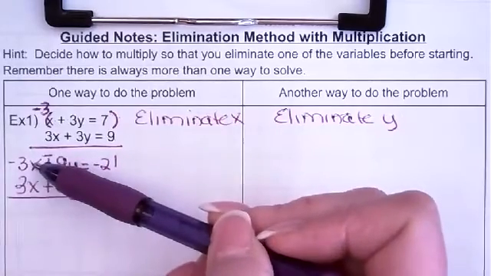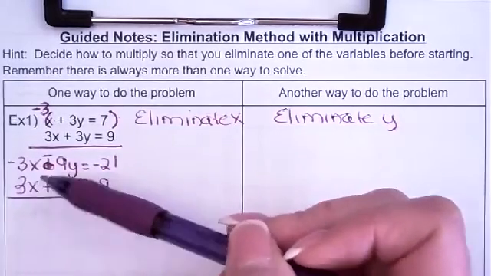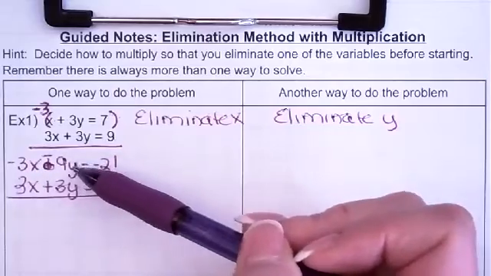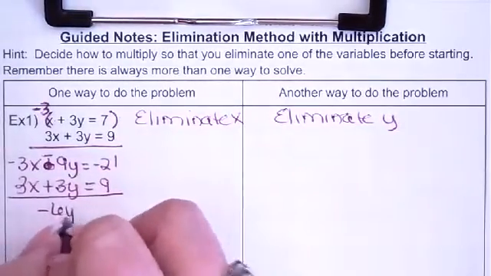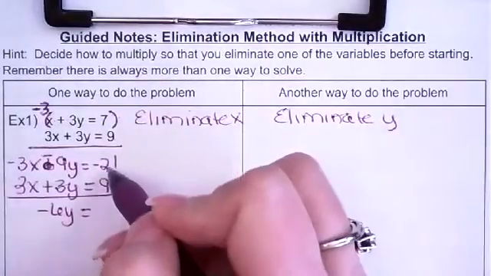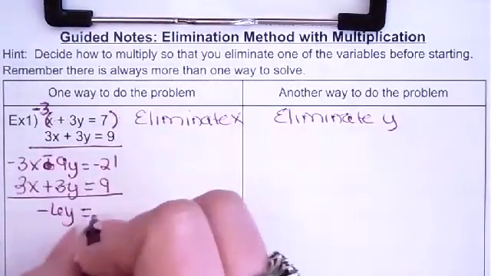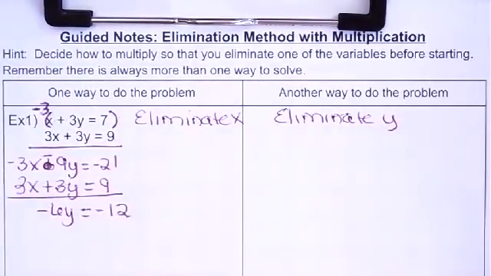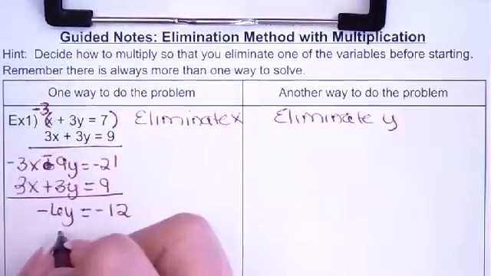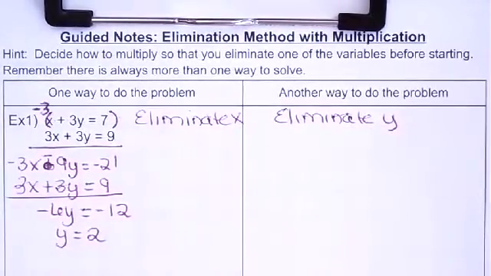So -3x plus 3x cancels out, that's 0. -9y plus 3y, that's -6y, equal to -21 plus 9, that's -12. Okay, now if I divide by the -6, I get y equal to positive 2.